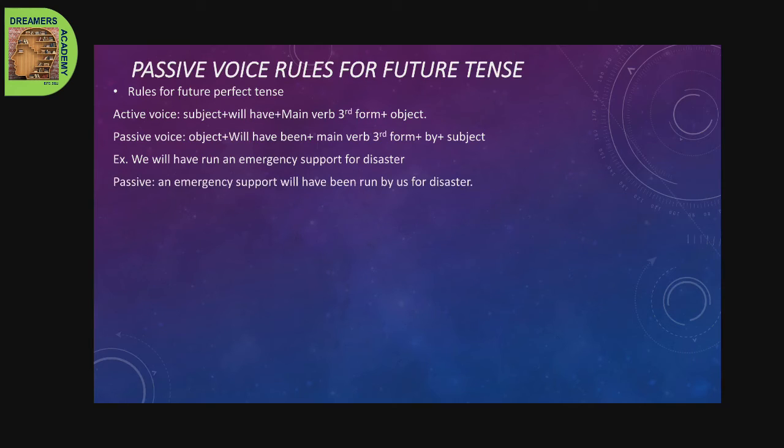Passive voice: an emergency support will have been run by us for disaster. So where there is have been or has in the active voice, we use been in the passive voice, and here we use have been.